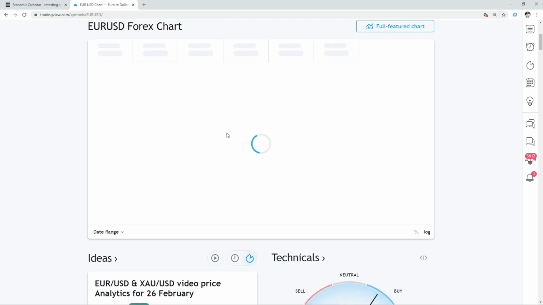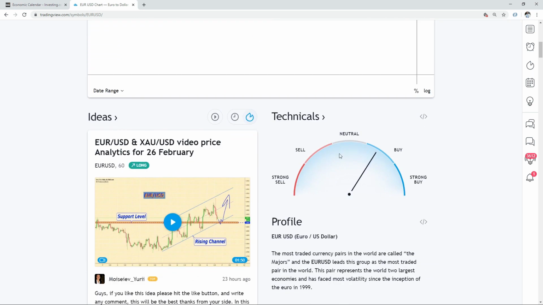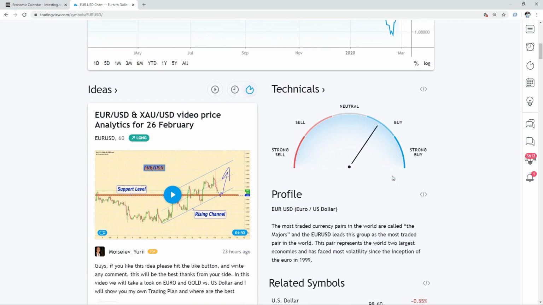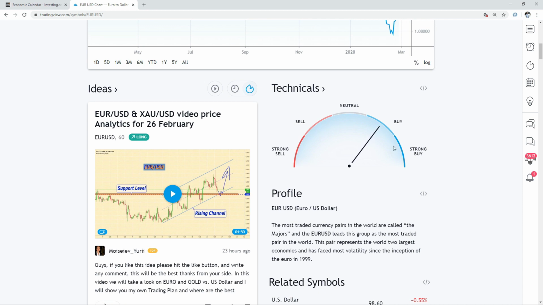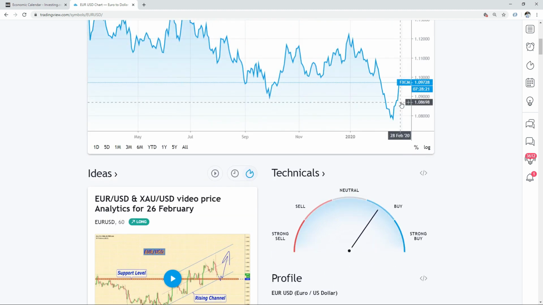If you scroll down, you'll notice that there's a technical gauge over here. This is telling you right now that most of the people on Euro USD are in a buy position. Okay, they could also get into a very strong buy position where you know that there's a lot of momentum, but so far you can even see the chart is moving upwards, and that's how we know that most people trading in this broker are buying.